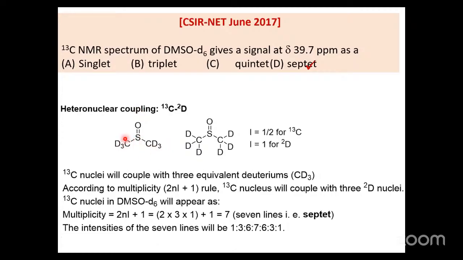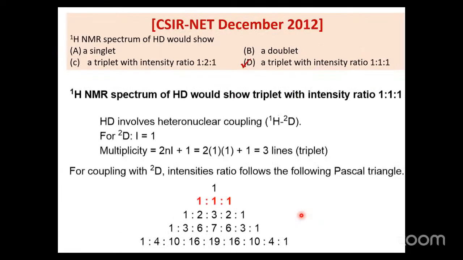Now this carbon is attached to how many deuterium? 3 deuterium. So in order to calculate the number of lines, use this formula 2nI + 1. So n is equal to 3, you will get 2 into 3 into 1 plus 1, so 7 lines. So you should get a septet, and use the same triangle that we have seen. This triangle.